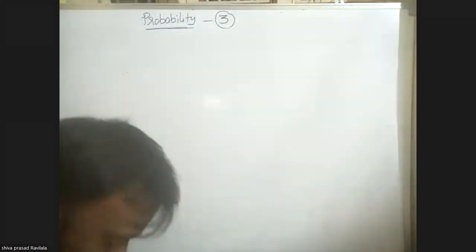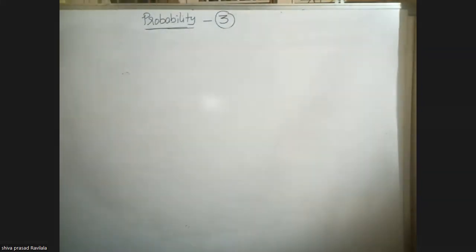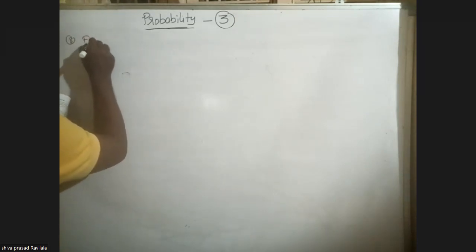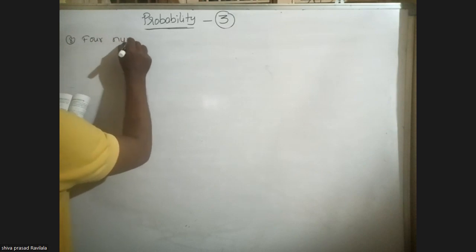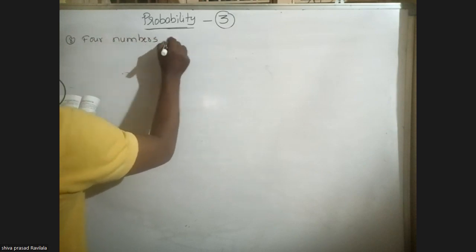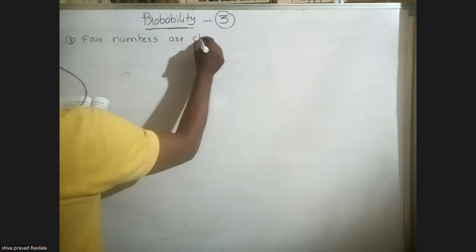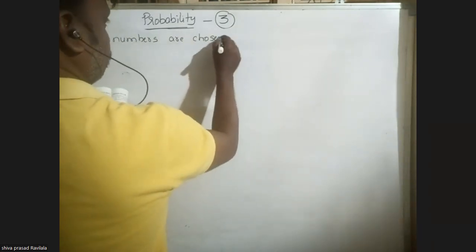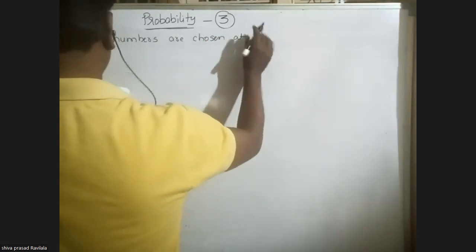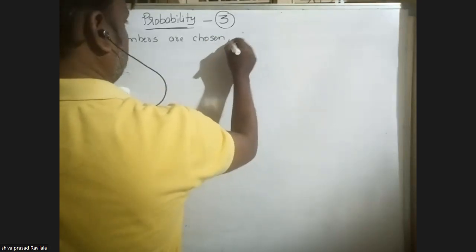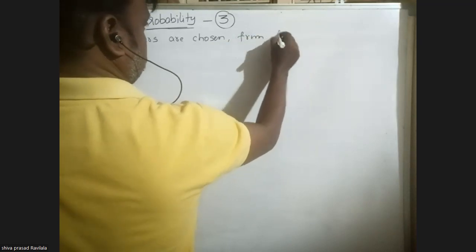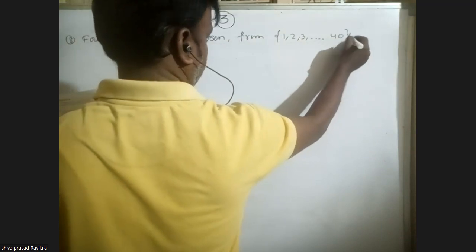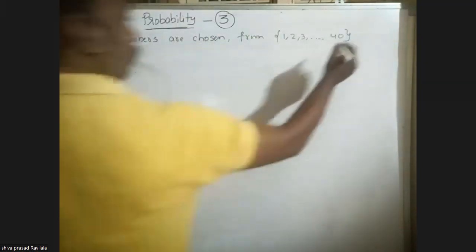And next one. One more question. 4 numbers are chosen at random from the numbers 1, 2, 3, and so on, up to 40.